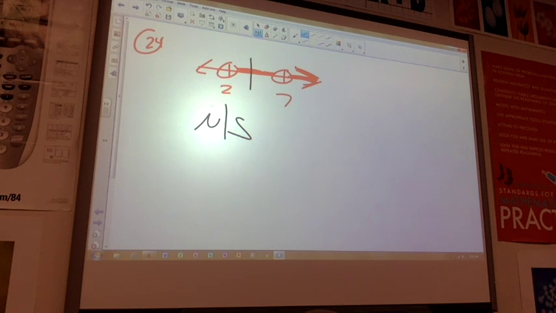How I read these is this and that have to both work. If I take 4, somewhere between 2 and 7, and plug it in, 4 is greater than 2, it works, but 4 is not greater than 7. Because it said x is greater than 2 and x is greater than 7, you have the "and" in that situation, which means both scenarios have to come out true.